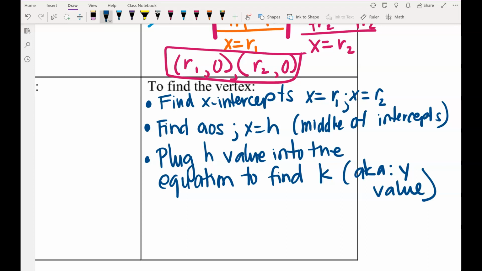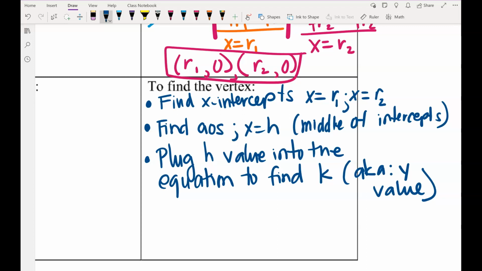All right, guys, we're going to do example 2. If you scan on example 2 on your packet, what form is example 2 in?